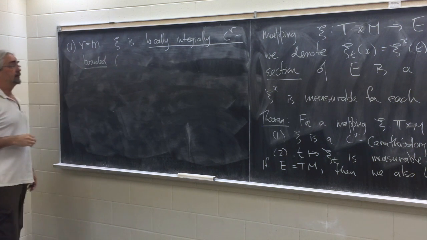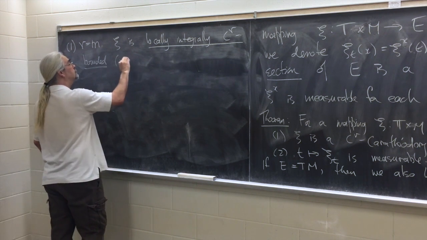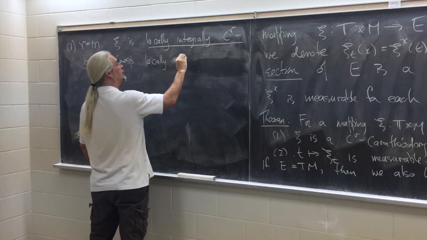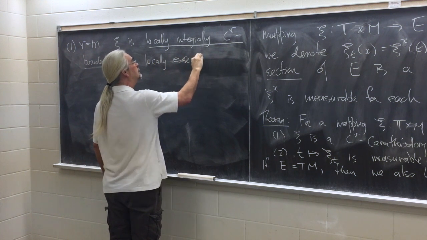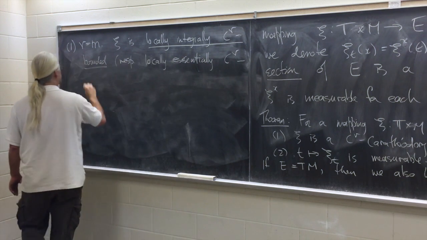And so that's the L1 version. I will also simultaneously give the L infinity version, and I'll call this locally essentially C nu bounded.